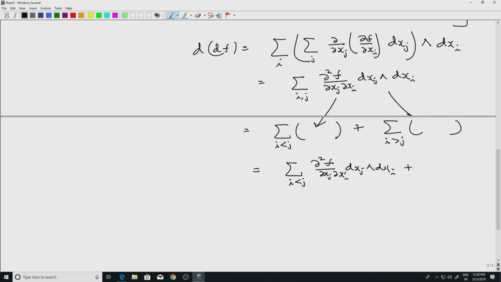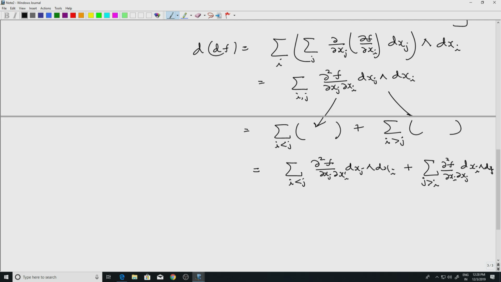As for the second one, I interchange i and j, so it will become j greater than i, del squared f by del xi del xj, and here I get dxi wedge dxj.